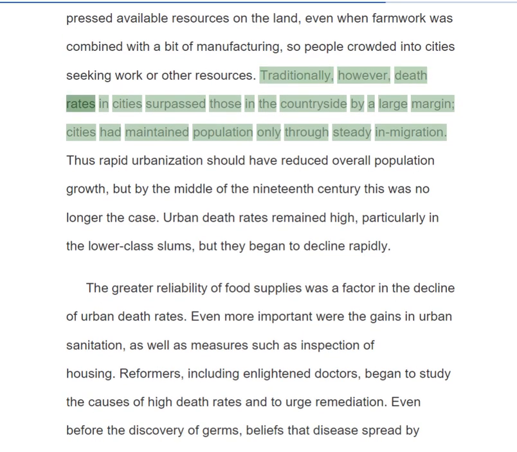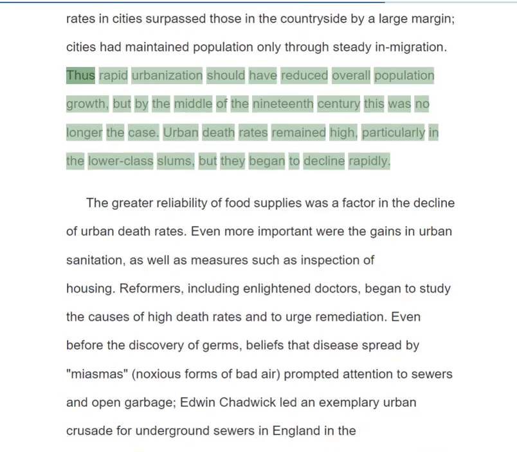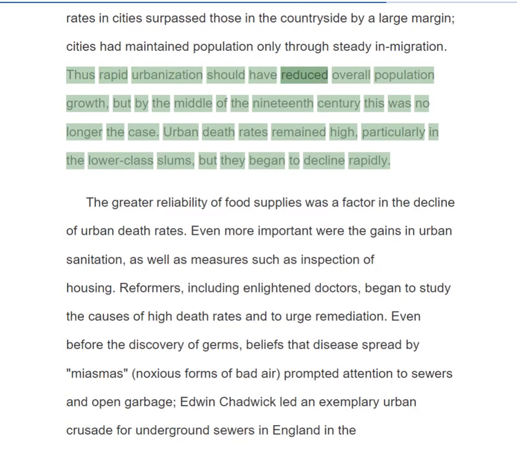Traditionally, however, death rates in cities surpassed those in the countryside by a large margin. Cities had maintained population only through steady immigration. Thus, rapid urbanization should have reduced overall population growth, but by the middle of the 19th century this was no longer the case. Urban death rates remained high, particularly in the lower-class slums, but they began to decline rapidly.